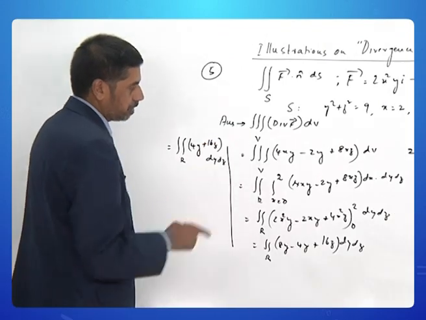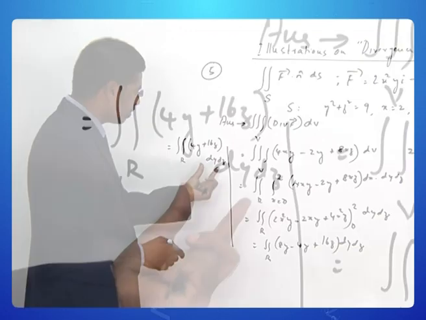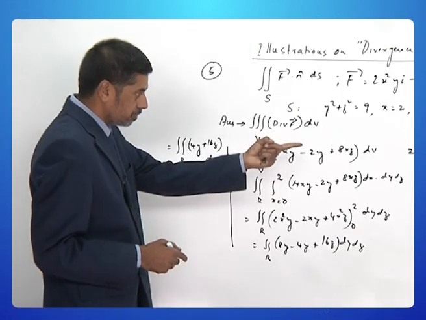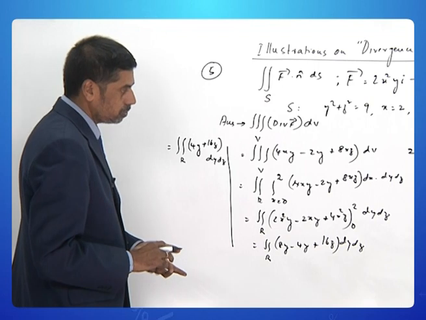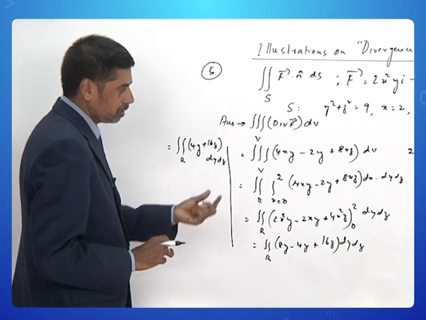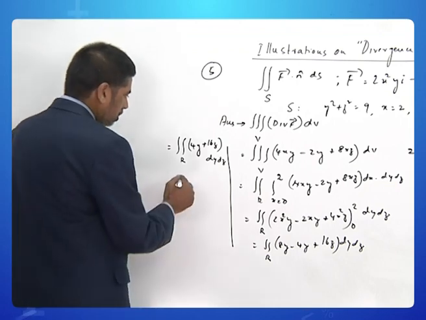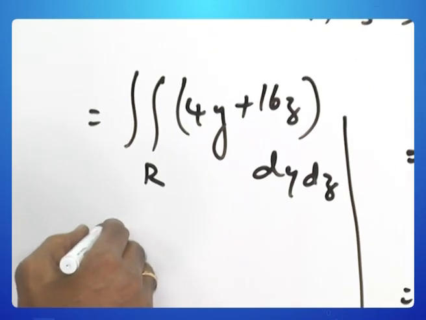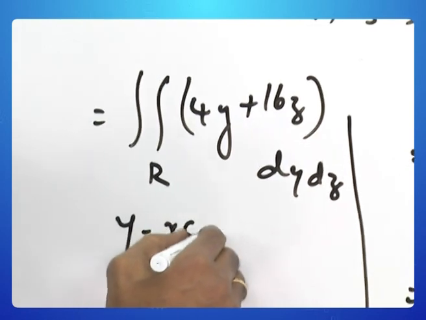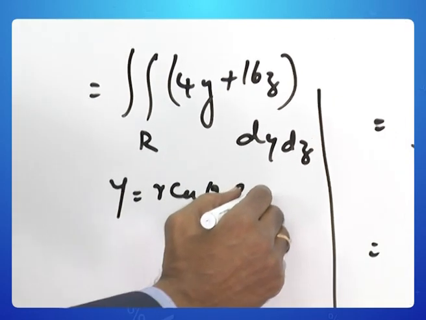So you must now refer to the diagram. The region of double integration is the quadrant of the circle on the yz plane. So we can convert to polar. y is equal to r cos theta, z is equal to r sin theta.